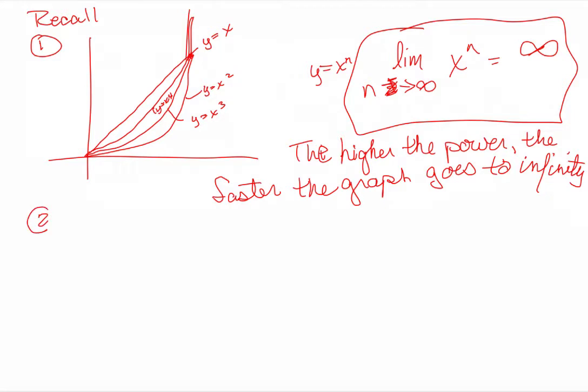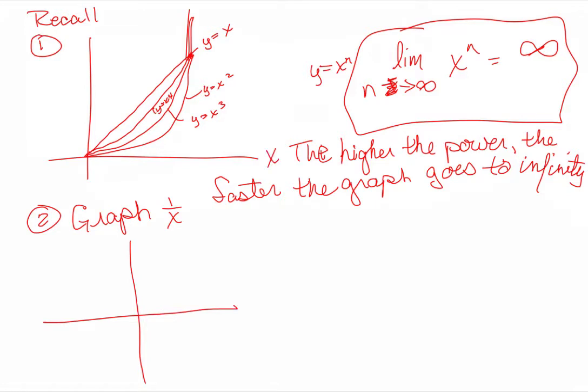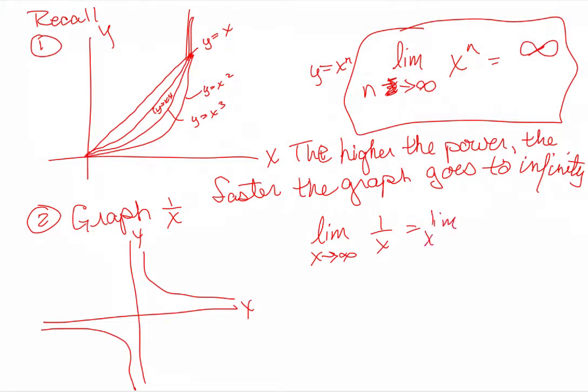The second thing I want you to think about is the graph of 1 over x. If you look at this graph, the limit as x goes to infinity of 1 over x equals 0.